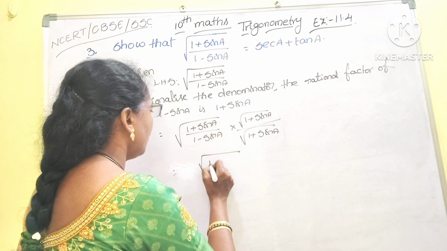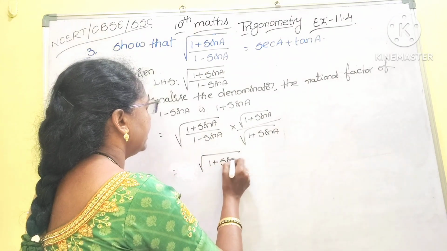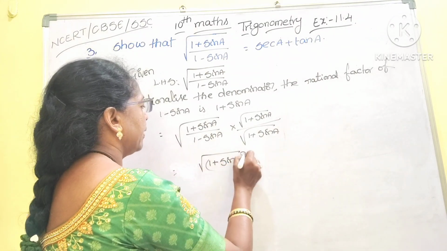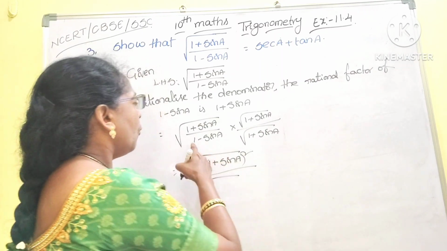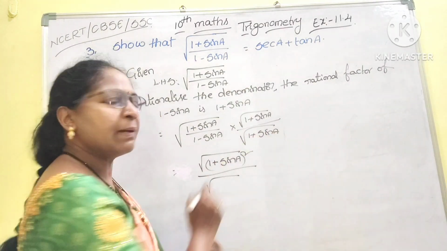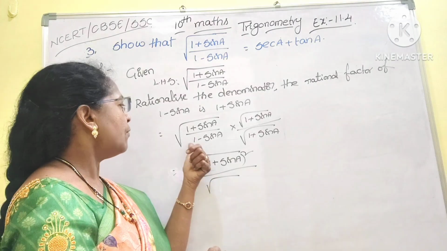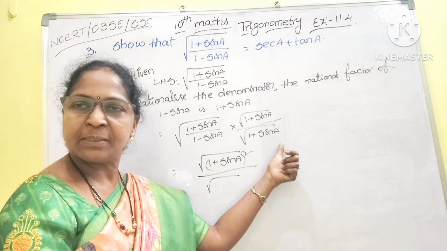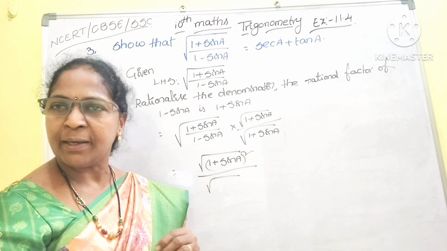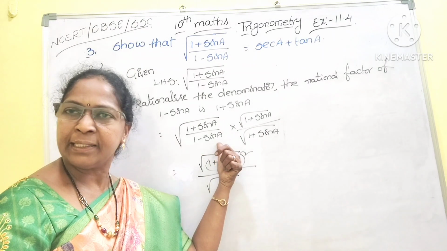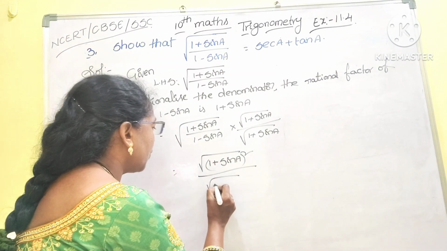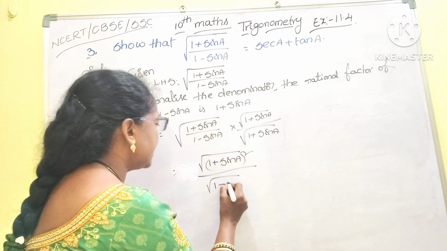So square root of (1 plus sin A) whole square divided by square root of (1 minus sin A) into (1 plus sin A). This is in the form of (a minus b) into (a plus b), which equals a square minus b square. Here a is 1 and b is sin A. So a square means 1 square is 1, minus sin square A.